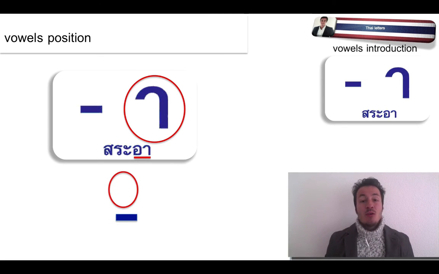So we basically have four positions. And of course, there are vowels or diphthongs, if you will, that use several positions, two or even three positions, being one vowel or one diphthong. But we will learn that later on. Generally, they just hold one position around the consonant. And it does not depend on the position where the vowel is actually placed. You always say or read it after the consonant it is attached to.